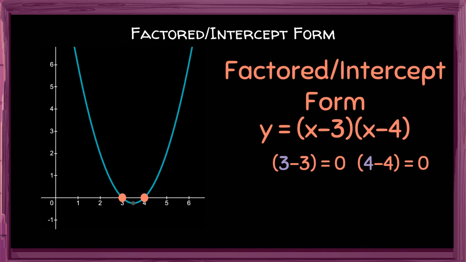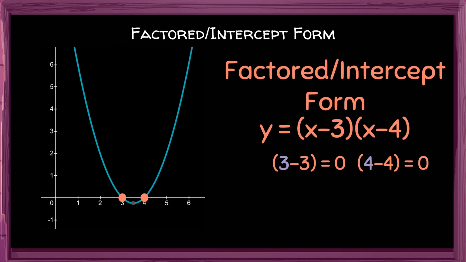Think about how useful that is. If someone asks us to find the solutions, the zeros, of a quadratic equation that's already in factored or intercept form, then we're in luck. All we have to do is figure out what numbers we need to plug into each factor to give us 0 inside its parentheses, and those points are our answers.